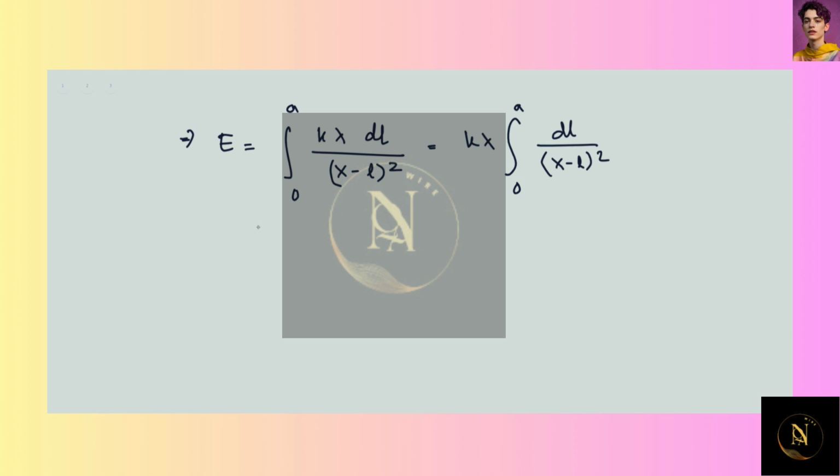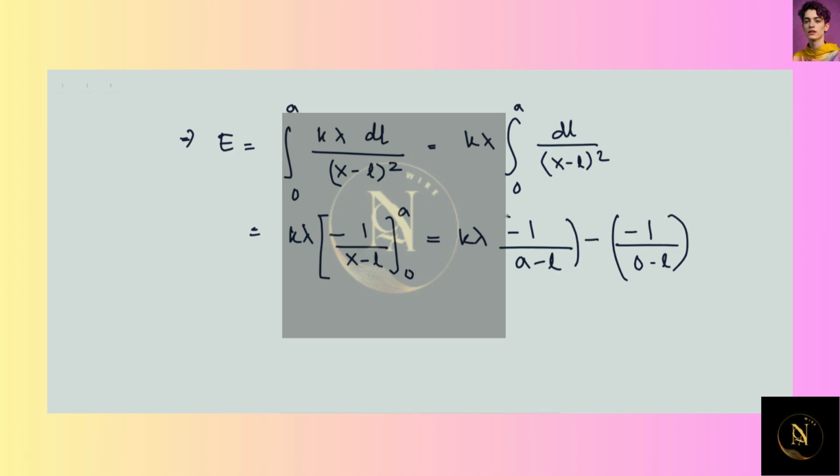And the integration of this is negative 1 over (x minus L), with limits 0 and a. Substituting the limits in place of L, we get 1 over (x minus a) minus 1 over (x minus 0). So these are the limits.